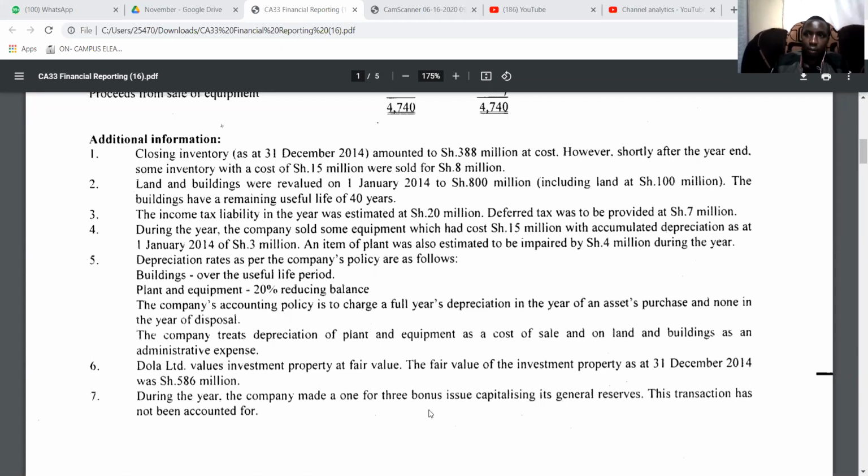So like now, the proportion was 1 for 3 bonus issue, capitalizing its general reserve. What they meant here is that the money which was financing the bonus was coming from the general reserve.